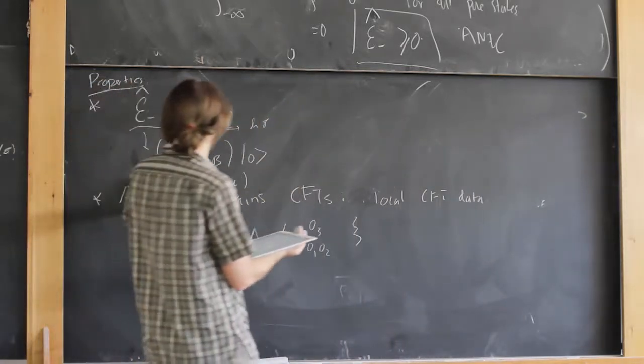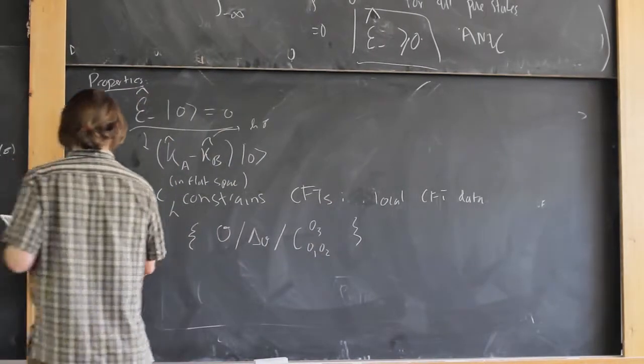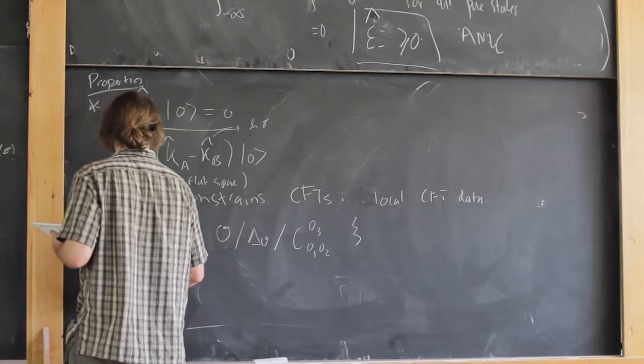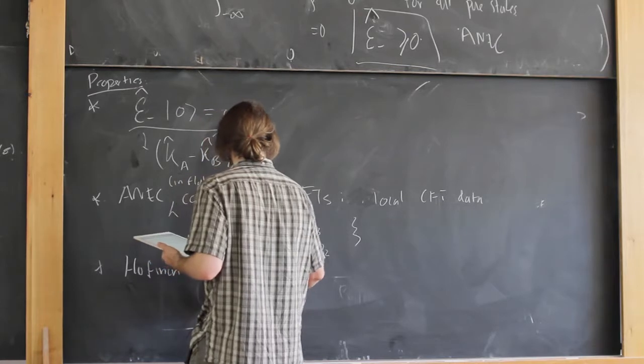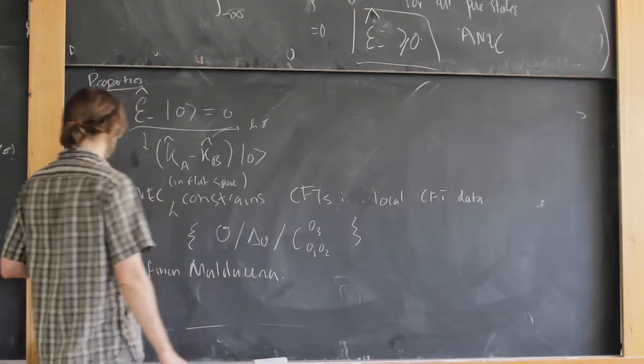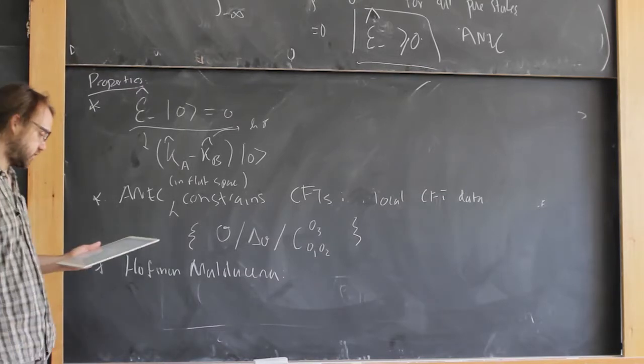But it turns out that this ANEC gives non-trivial constraints on that. And this is the idea of Hofman-Maldacena, where they assumed the ANEC and then derived what its consequences were.